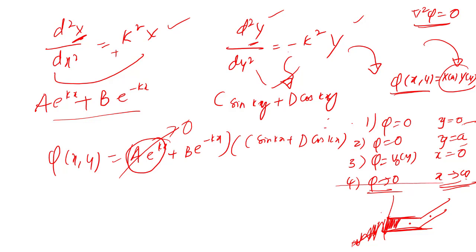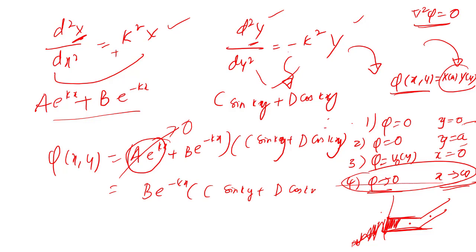I apologize for that. So a itself should be 0 because we have to satisfy the fourth boundary condition that the potential goes to 0 as we go towards infinity. And then we have b times e to the power minus kx, c sine ky plus d cosine ky.